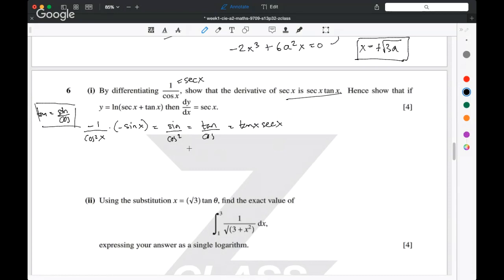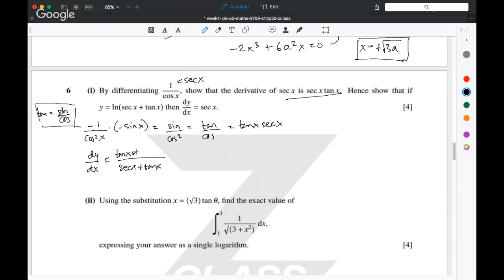And now they want us to use this information to differentiate this function. So dy dx is going to be equal to 1 over sec x plus tan x by differentiating the logarithm times the derivative of whatever is inside. Well, the derivative of sec x, we just worked that out.